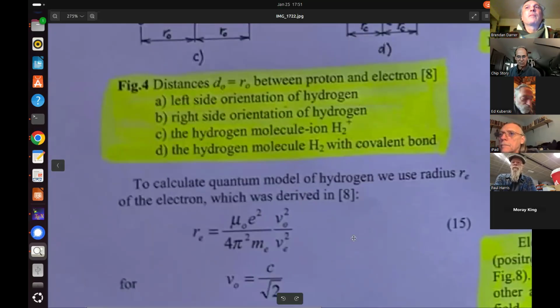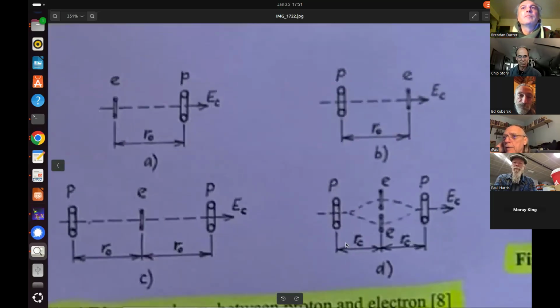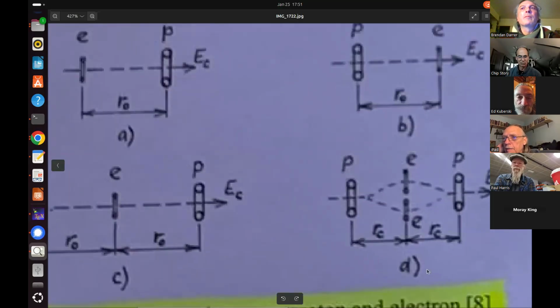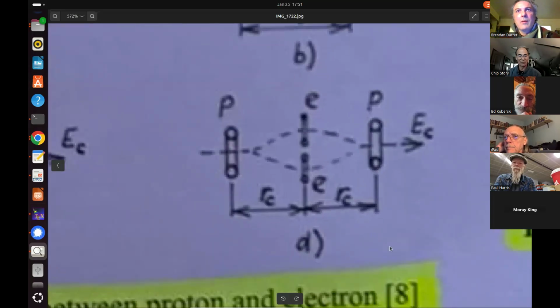This is amazing. If you go back down to figure D, in the center there, is that an A field? And alpha. Those are two toroids.